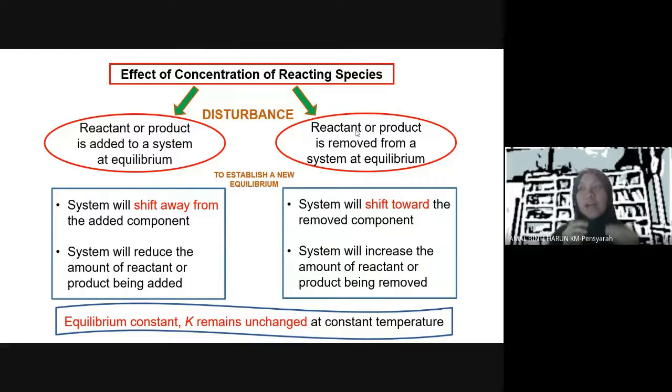I repeat, for a specific chemical reaction, there must be a specific value of K. No matter how much the concentration of reactant or product, adding or removing the product or reactant will not change the equilibrium constant, which is K.